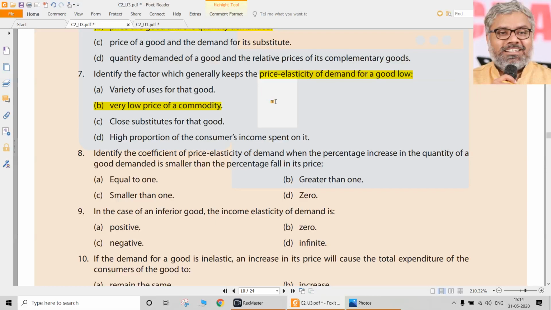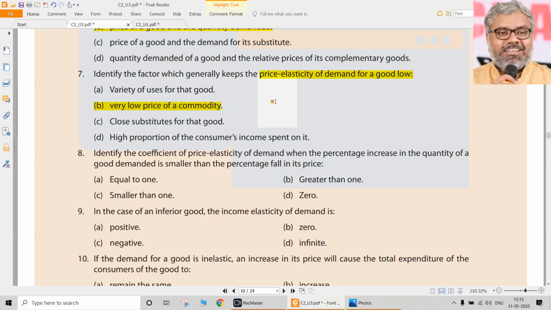Naturally, the price elasticity will be low. When the price of the commodity itself is very low, very small price it is, negligible price. So people don't really care about price. When price elasticity is low itself means people don't care about price. And when they do that, when the price of the commodity is already very low. That is correct option B.